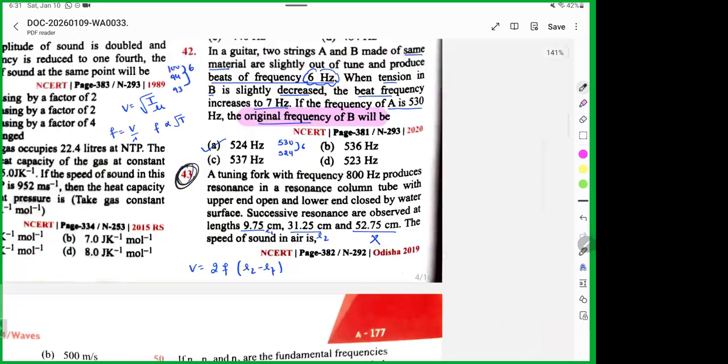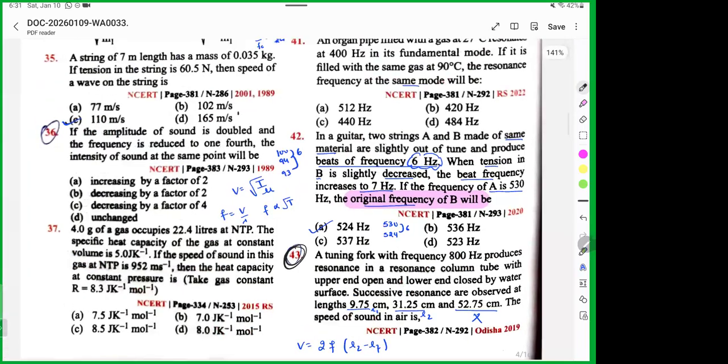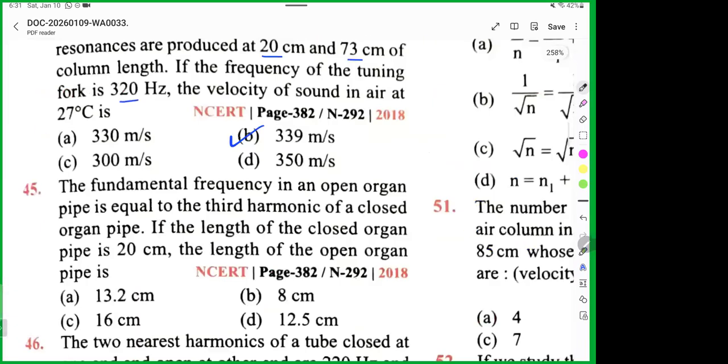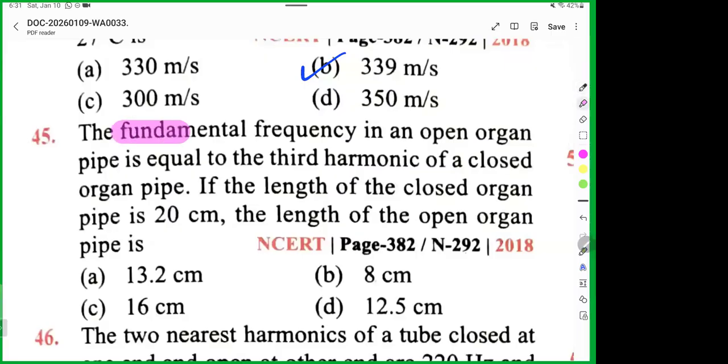But you will have almost the same kind of question here. Fundamental frequency of open organ pipe is equal to third harmonic of closed organ pipe. In open, if you calculate fundamental frequency, it is nV by 2L and n value is 1, because we know by definition fundamental means n value 1.